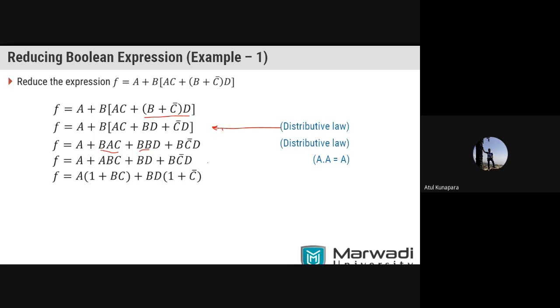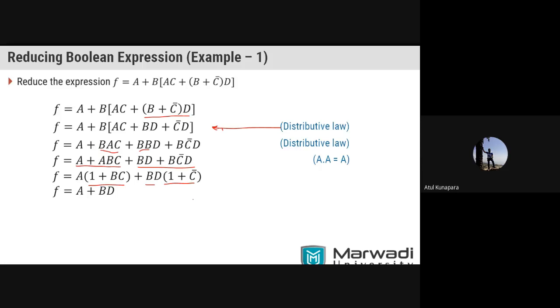Then from the first two terms we have taken A common, so it gives output like this. Then from the second two terms we have taken BD common, so it gives output like this.